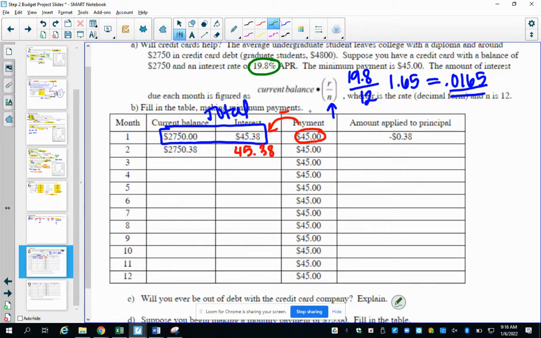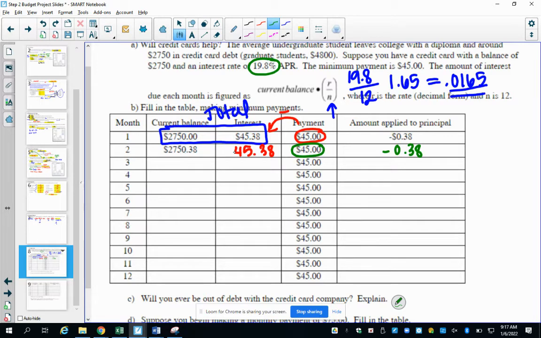And you say, all right, I paid $45 last month, I'm going to pay $45 again this month. So when you do your payment minus the interest, you get negative 38 cents again towards your principal. You did not pay towards your principal, so this went up again, 38 cents. Now the next month, you owe $2,750.38 plus 0.38.